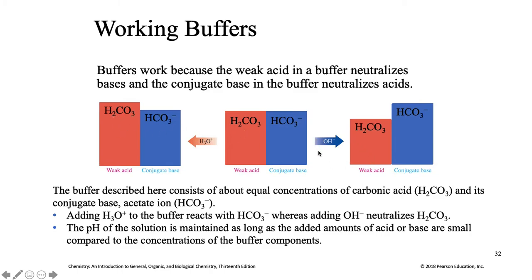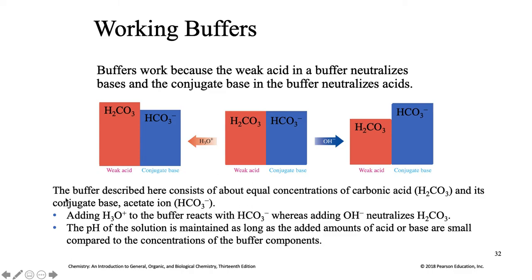If I add OH minus, the acid is going to react with it to decrease its concentration a little bit and increase the HCO3 minus concentration. Those changes are minimal, they're very small, and that is why we don't get huge shifts in pH.